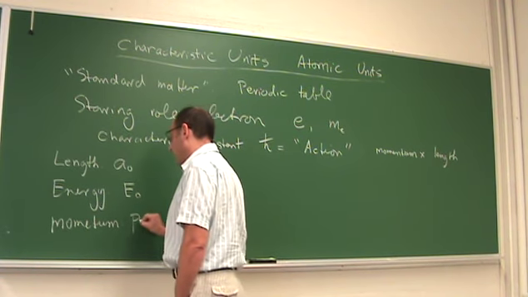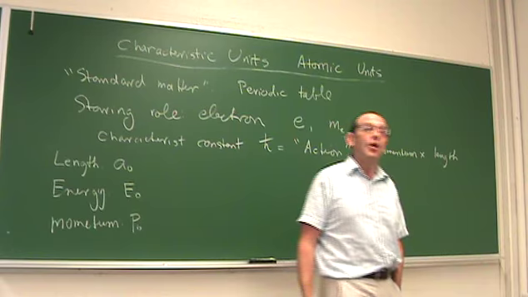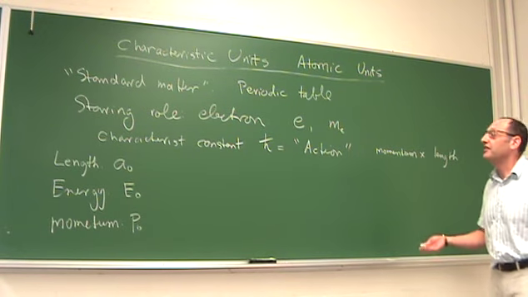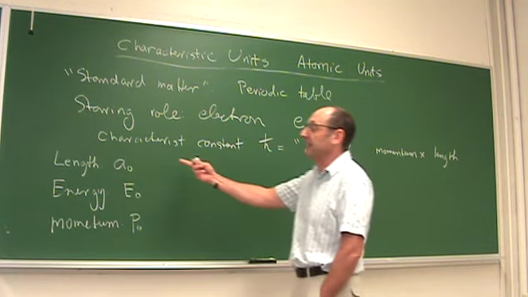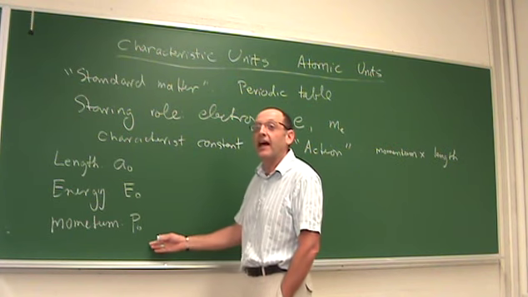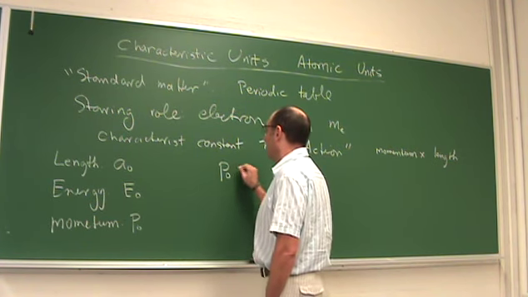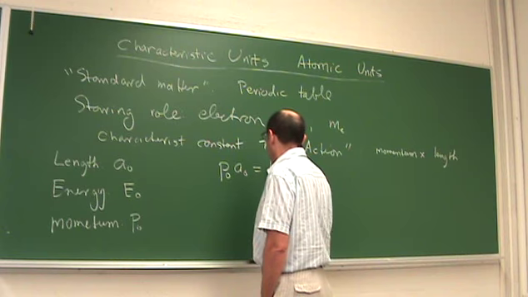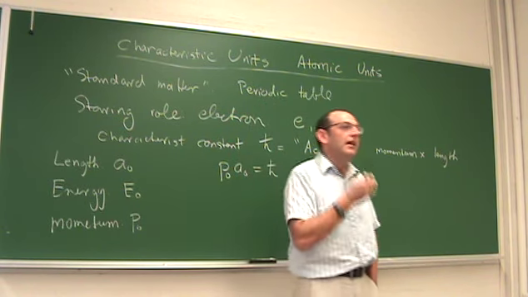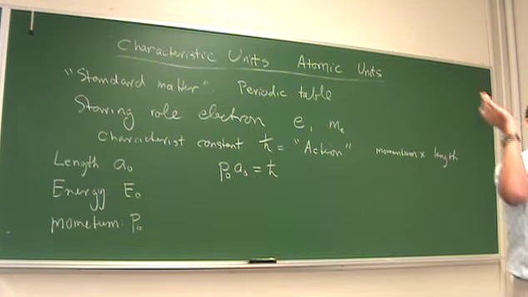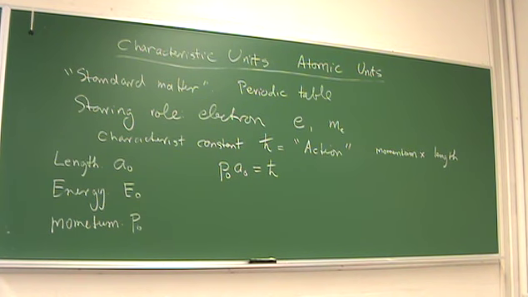We'll call it P0. So it would be natural then to define whatever characteristic length and characteristic momentum we had, such that P0 times A0 is h bar. Of course, there are factors of 2 pi and whatnot. We're not talking about the exact action for anything. We're saying what's the characteristic scale of things.